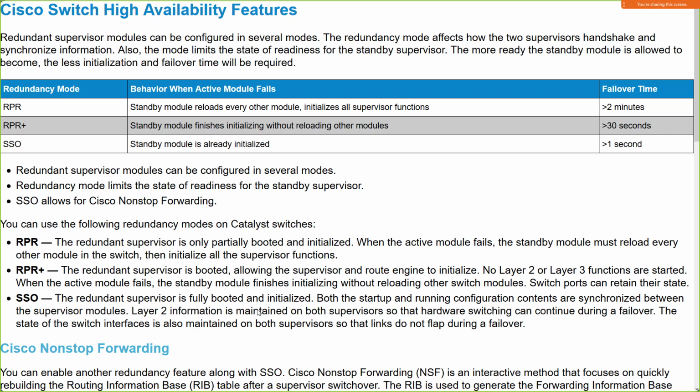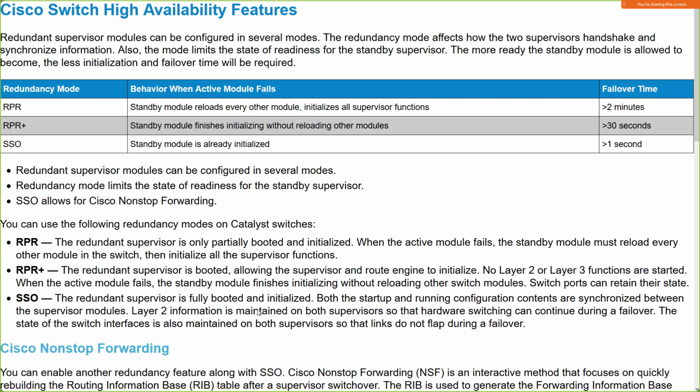RPR Plus, kind of a middle of the road piece with RPR Plus. The redundant supervisor gets booted. It allows the supervisor and the route engine to initialize, but no layer 2 or layer 3 functions get started in this particular case. If the primary module fails, then the standby module kind of goes through its initialization and it reloads the other switch modules. And again, we're going to have a hit in this particular case.